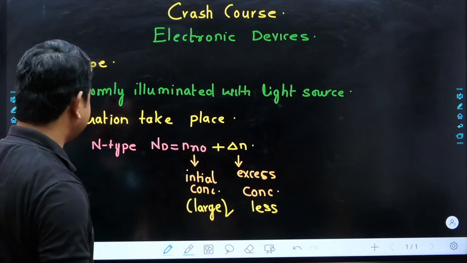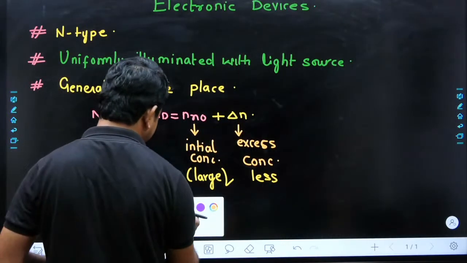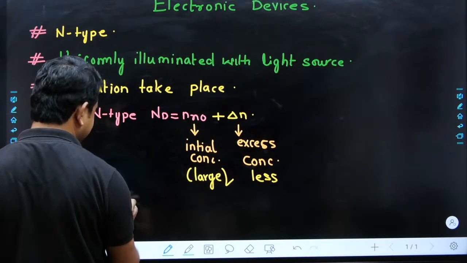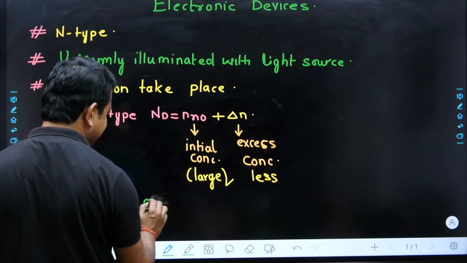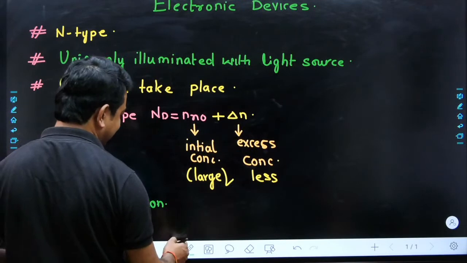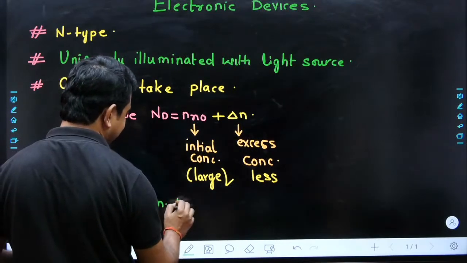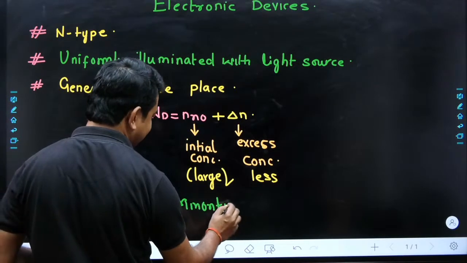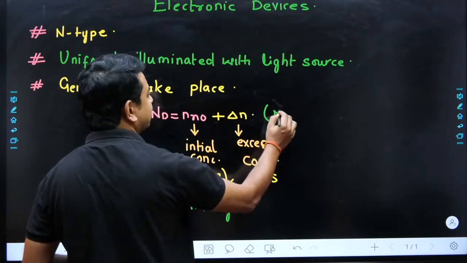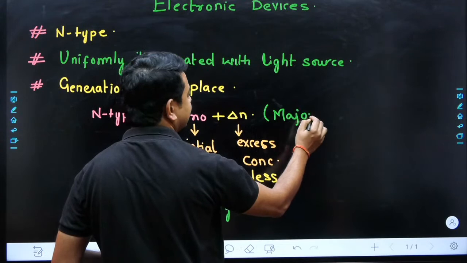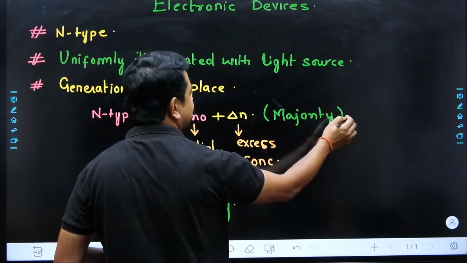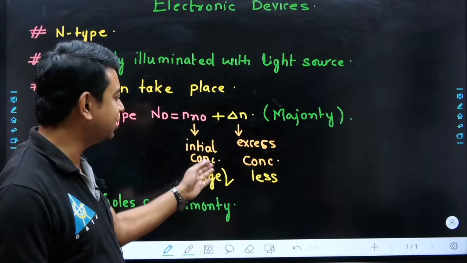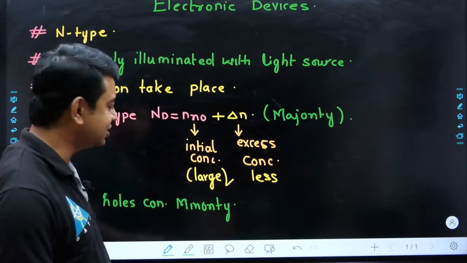So, now we are going on to the next one, that is the holes concentration, and the holes concentration in n type is nothing but the minority. Okay. So, we are going to analyze now the minority. So, what is this? This is nothing but the majority charge carrier concentration, which is the addition of the initial thermal equilibrium majority charge carrier concentration and the excess concentration.